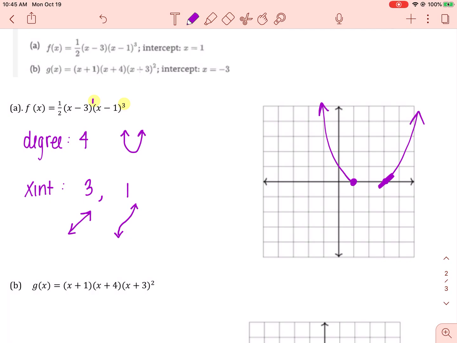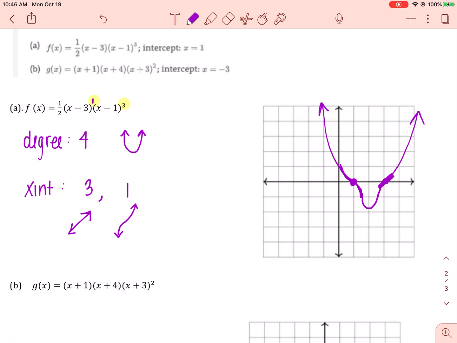At positive 1, it's going to have that little curvy shape. So please, please, please try to make that curve shape clear and tell the difference between the x-intercept of 3 and 1. And we know it's going to come back up. Kind of looks a little weird, but that's what it's going to be so that it's an even function.